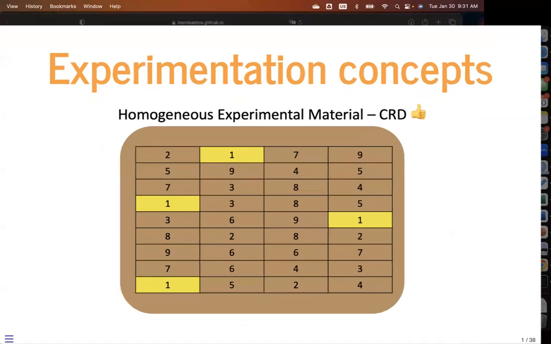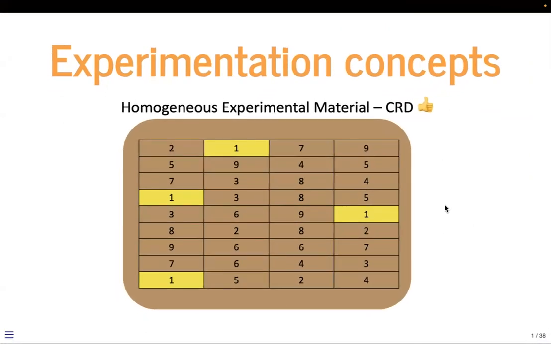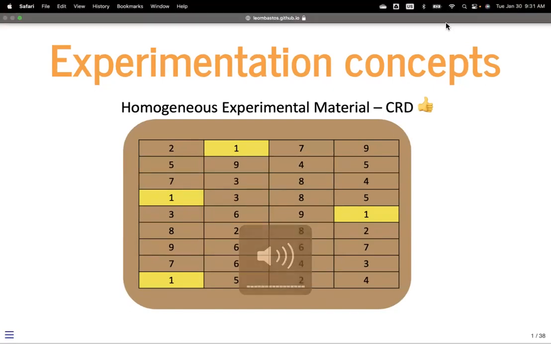All right, so the one that we were talking about last week was this one, experimentation concepts. We already went through most of this presentation, so my goal here is just for us to quickly do an overview of what we talked about already. These concepts are really important for you to know and be aware of.